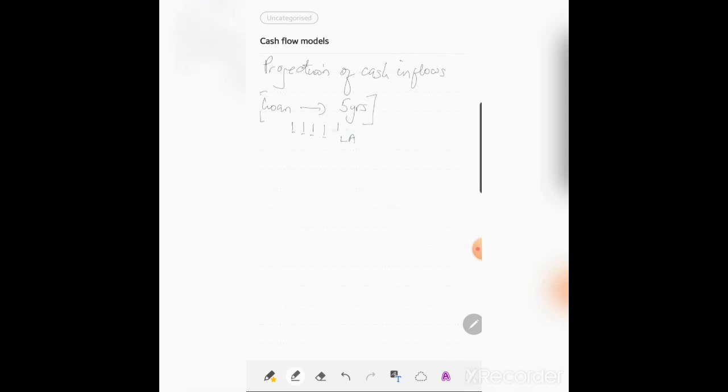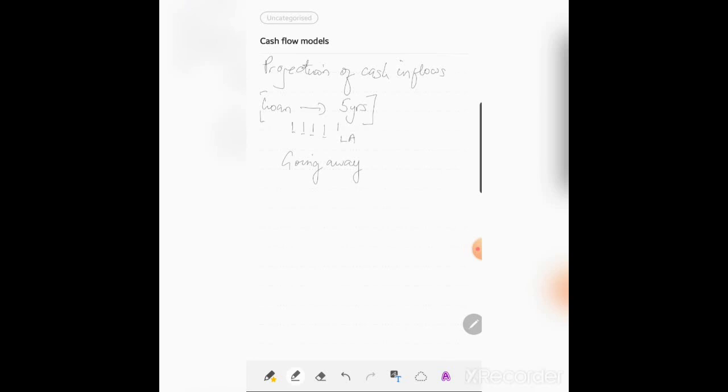In this financial transaction, there are some places where money is going away from my pocket, like when I have given the loan. So money has gone away from my pocket.